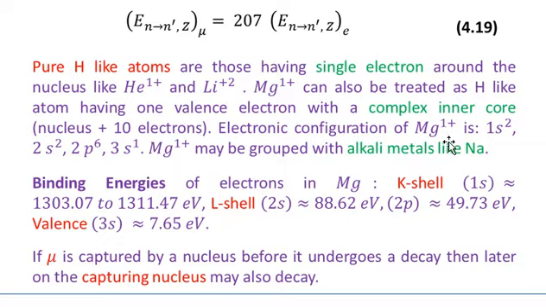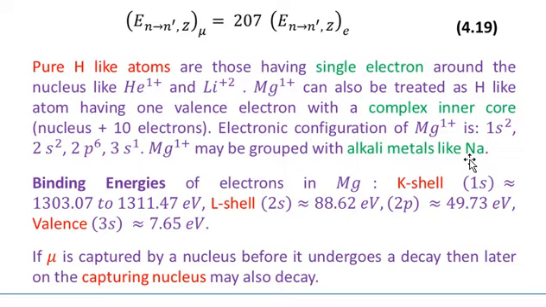The electronic configuration of the singly ionized magnesium atom is 1s2, 2s2, 2p6, 3s1. And you can see that there is a 3s1 as the valence electron contained in the singly ionized magnesium atom. So singly ionized magnesium may be grouped with alkali metals like sodium, because in sodium we have similarly an inner core of electrons which is completely filled, and then we have the valence electron lying outside the inner core.